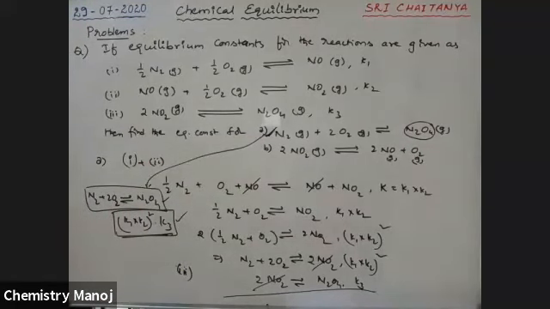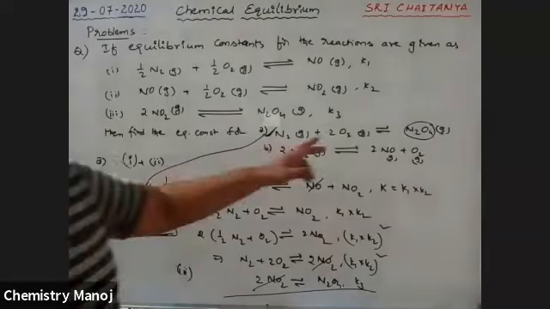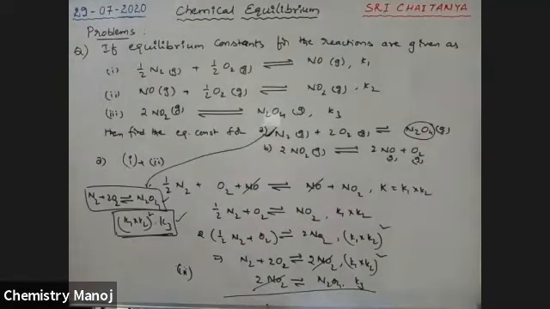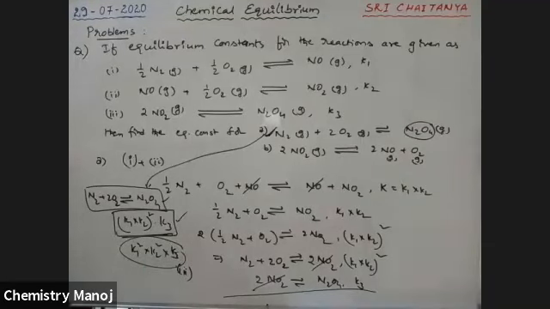I was confused because 2N2O4 is not possible. N2 plus 2O2 reversible with N2O4 is the balanced equation. Therefore the final K is K1 square into K2 square into K3. This is the final equilibrium constant.